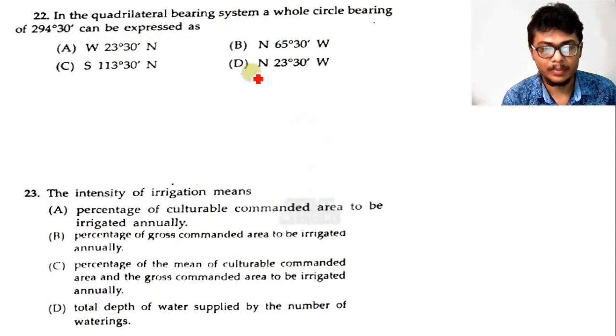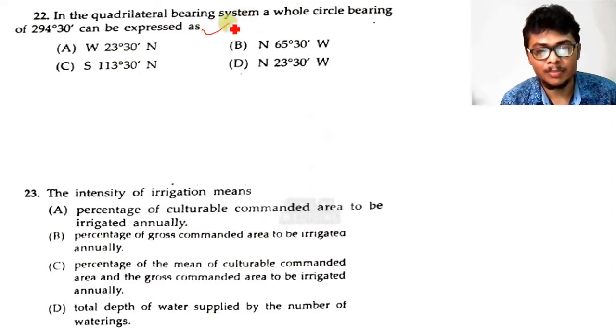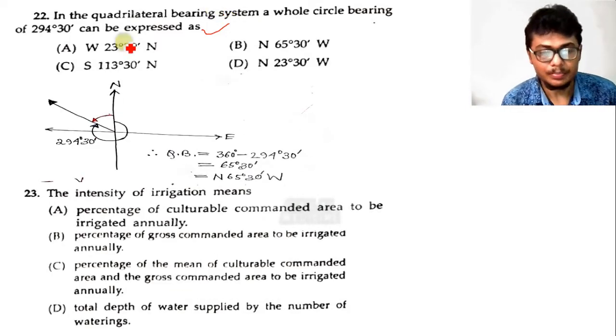Okay, next question, question number 22. In the quadrantal bearing system, a whole circle bearing of 294 degree 30 minute can be expressed as. This question is from survey engineering and the chapter is compass survey. Let's see the solution.